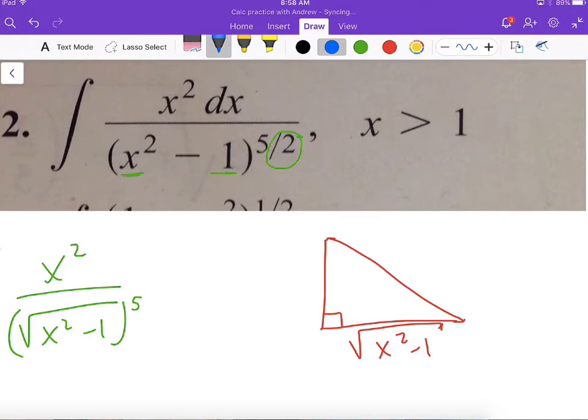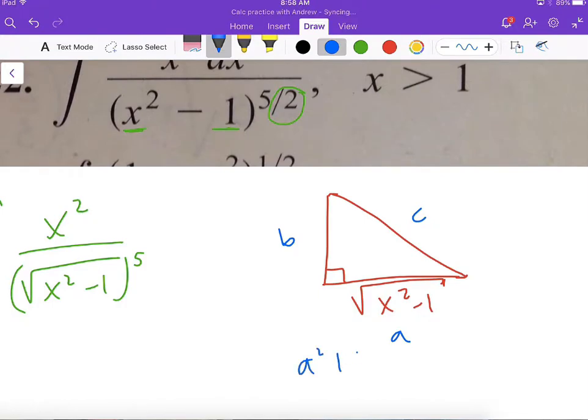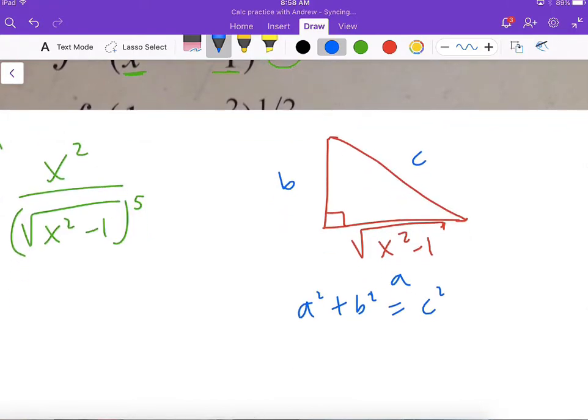And if you remember from the Pythagorean theorem, if this was ABC, then we would have a squared plus b squared equals c squared. So if we were to solve for this side a, we would get a equals the square root of c squared minus b squared.